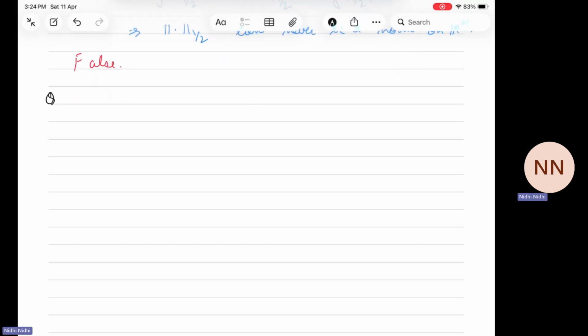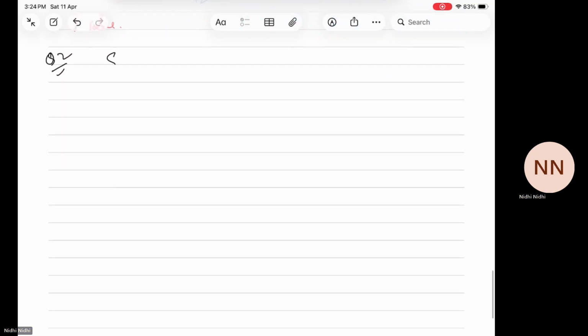Question number 2. Again, a true false. State whether true or false.